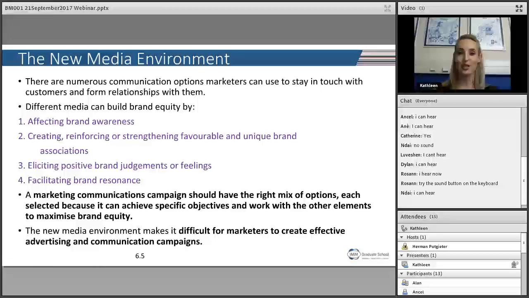The third aspect of using this new media is that we are going to hopefully use it to elicit more positive brand judgment and feeling. So remember, at the judgment and feeling level, we are looking at how customers perceive our brand basically.